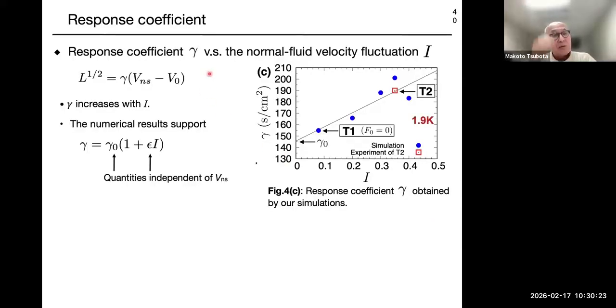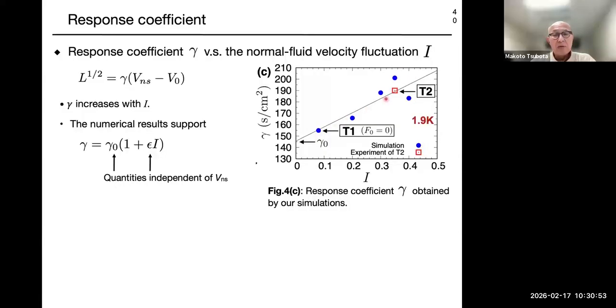We consider the response coefficient gamma as a function of the normal fluid velocity fluctuation. And we plot gamma as a function of I. The horizontal axis refers to I, and these blue dotted lines are our numerical results.